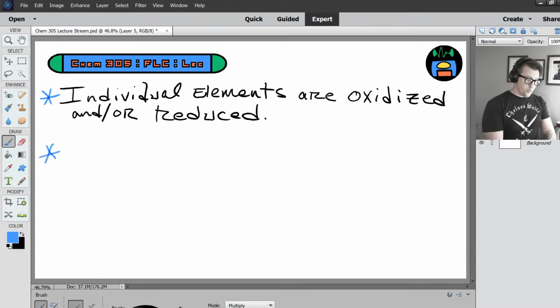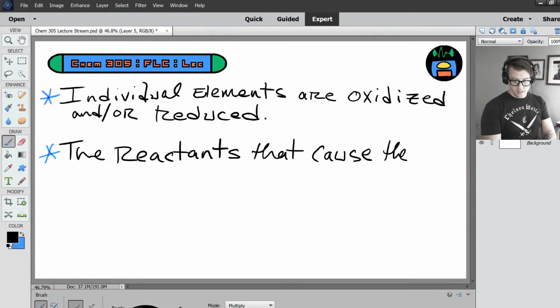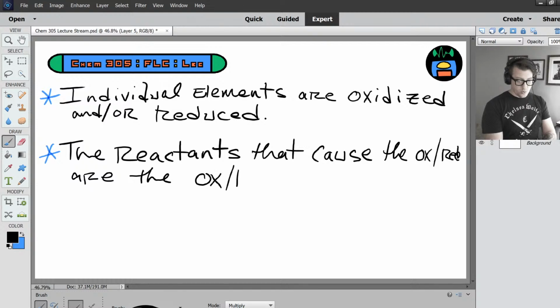And then when you talk about the reactants, however they appear in the chemical equation, the reactants that cause the oxidation or reduction are the oxidizing or reducing agents.